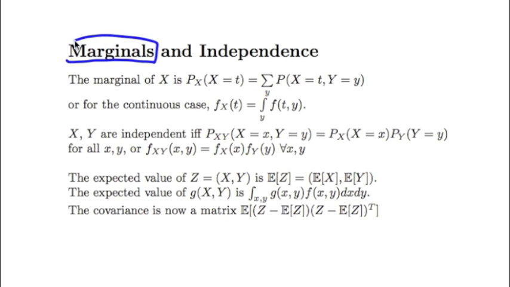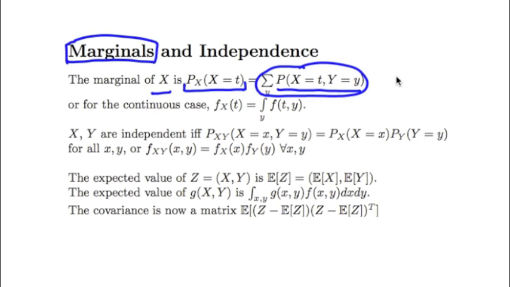So what is a marginal? The marginal of X is given by p_X of X equal to t, which is the summation over all y of the probability of X equal to t and Y equal to little y. So basically you take a joint distribution and you sum over all the possible values that the other variables can take.